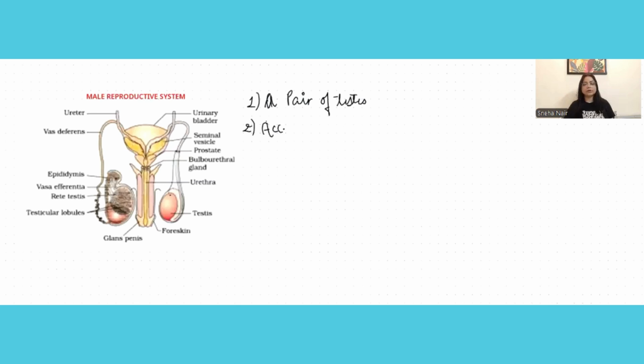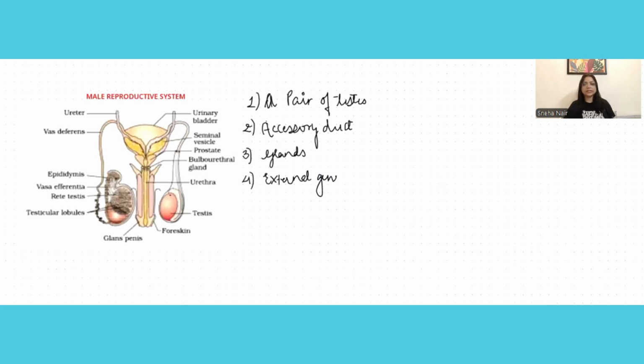There are a number of ducts that help in transfer of sperm. We will discuss them in detail. Third, we have different glands that release various secretions that help in reproduction. And the last one is the external genitalia.